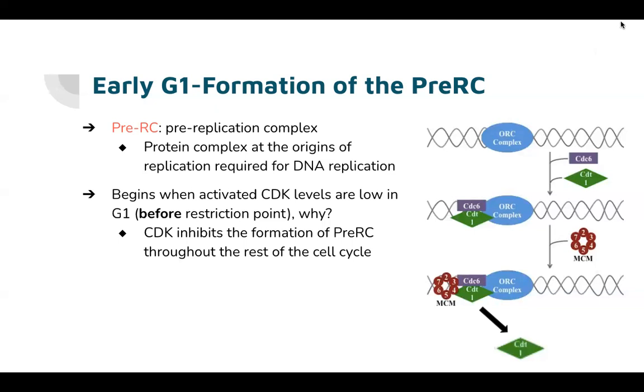And the reason that we begin the pre-RC complex at the beginning of G1 is because CDK inhibits the formation of pre-RC, and we're going to talk about it more next week because it inhibits re-replication while the cell cycle is going on. It's also important to know that organisms have specific areas for DNA where the replication starts, and this is the same thing as the origin of replication.